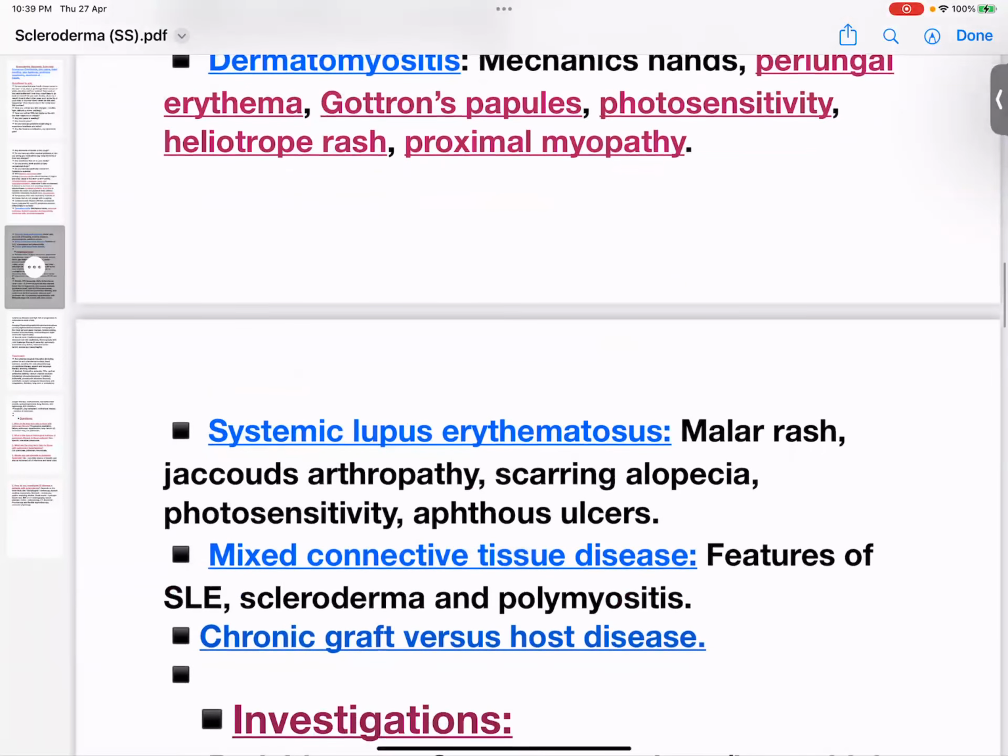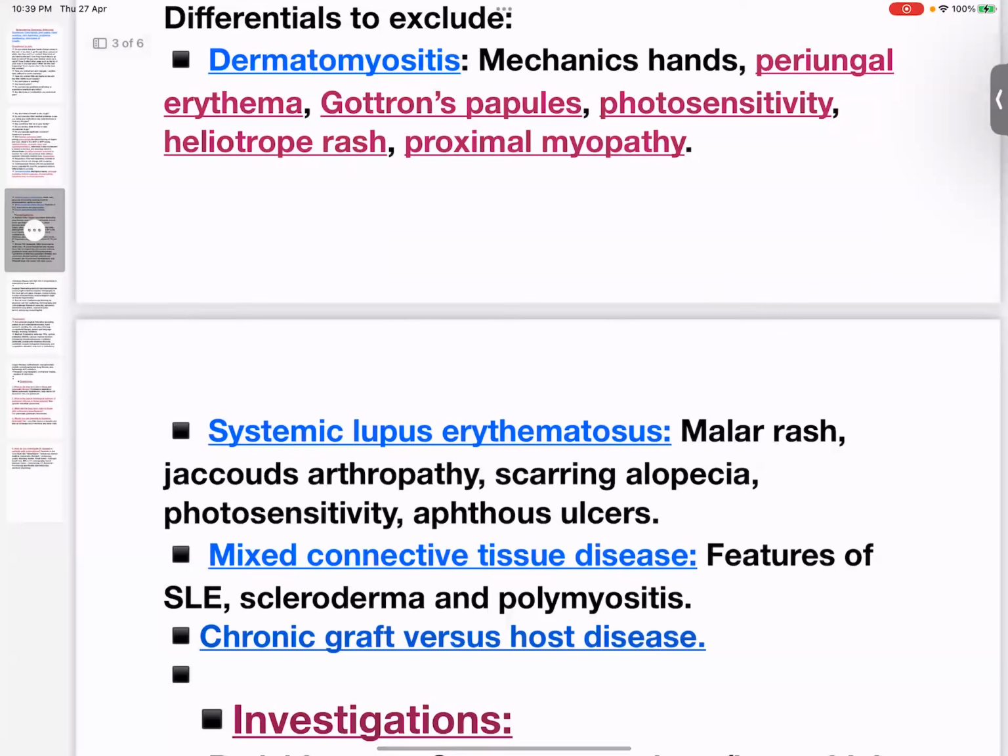In case of systemic lupus erythematosus, you will find the characteristic malar rash, Jaccoud's arthropathy. Jaccoud's arthropathy is a correctable, deforming arthropathy. We have two types of deforming arthropathy, correctable or non-correctable.